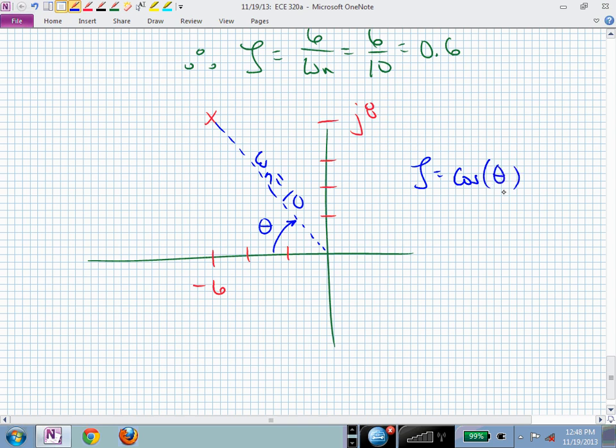This is more than you wanted to know, but zeta is now cosine of theta. Is that right? What did we just compute for zeta? That was 6 over 10, wasn't it? Which is what this says. The cosine of theta says the adjacent side is 6 and the hypotenuse is 10.